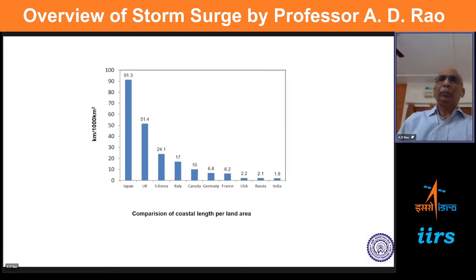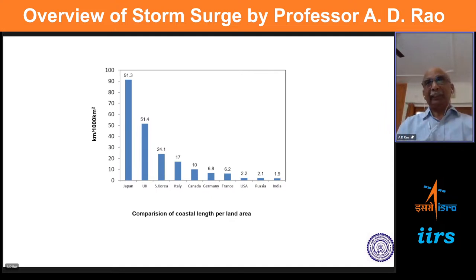Another one is the coastal length per 1,000 kilometers, a comparison of the coastal length per land area, that is, coastal area versus total area.